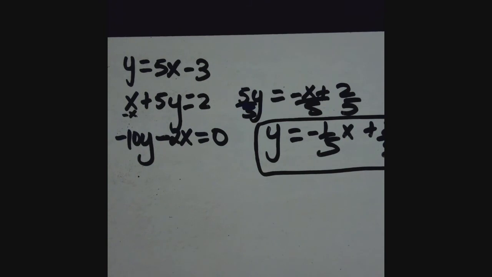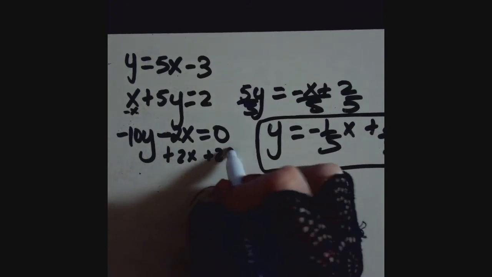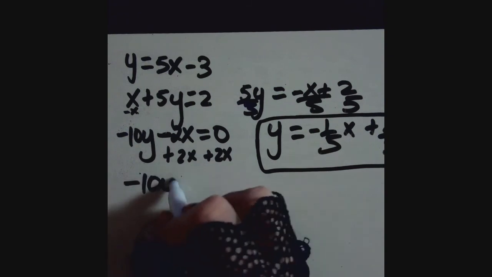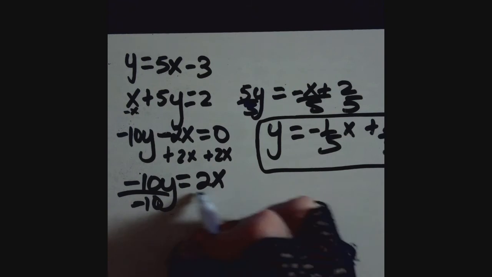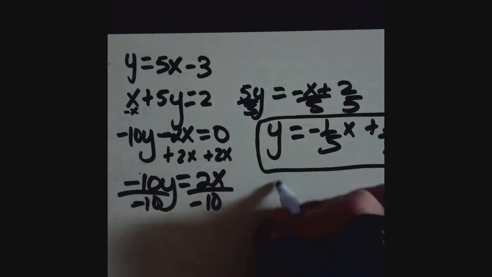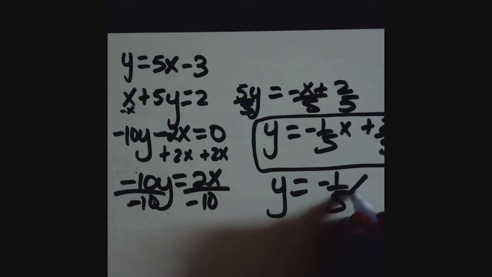So let's go ahead and solve it for y. So I'm going to add 2x. So -10y equals 2x. Divide by -10. And y equals -1/5 x.